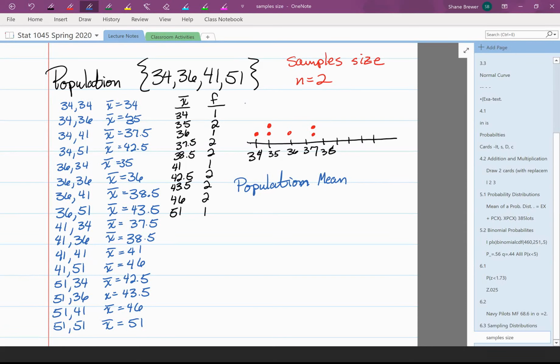And we get 34, 36, 41, 51. And so the mean there is 40.1. So mu equals 40.5, sorry. 40.5.